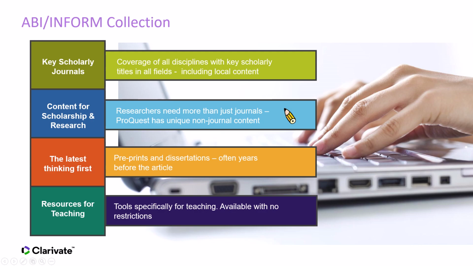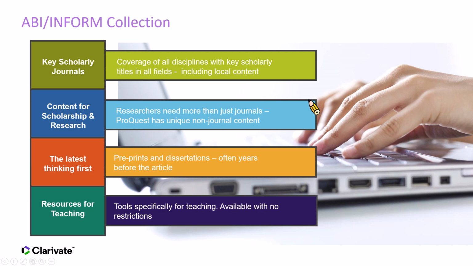You can find all kinds of content from ABI/INFORM Collection. I'll go through the list in my next few slides. Keep in mind this is not just a scholarly journal database, but multi-content resources for you to do your research, homework, or study.